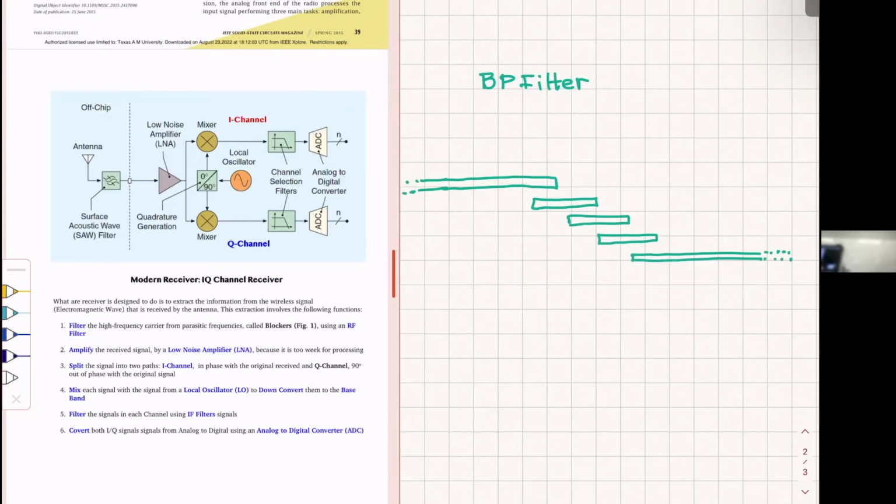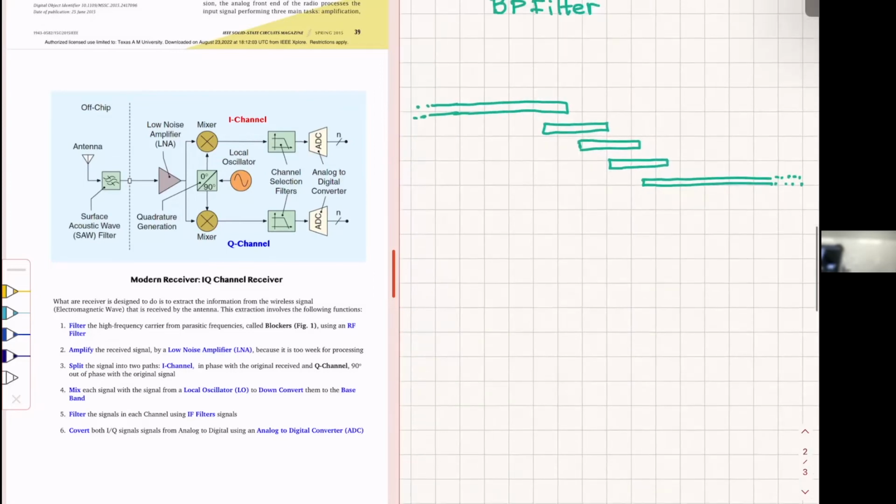Another type of filter can be something like that. An incoming line, which we call the feed, the input port, if you like. So here the filter starts at this point, that's AA prime port, and ends at this point, BB prime.